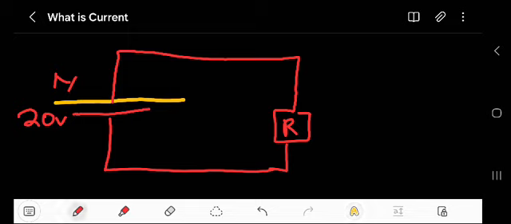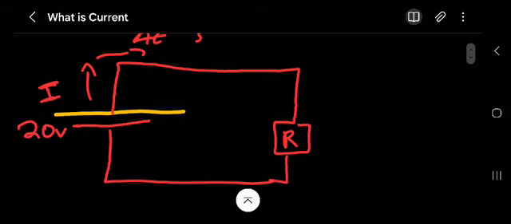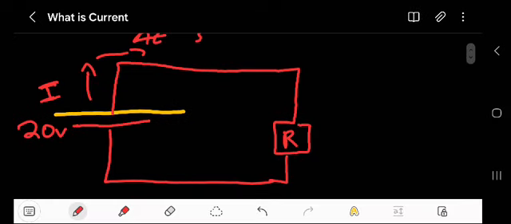Our conventional current will always flow from the positive terminal to the negative terminal. So this will be the direction of the current, let's say 7 amperes flowing.